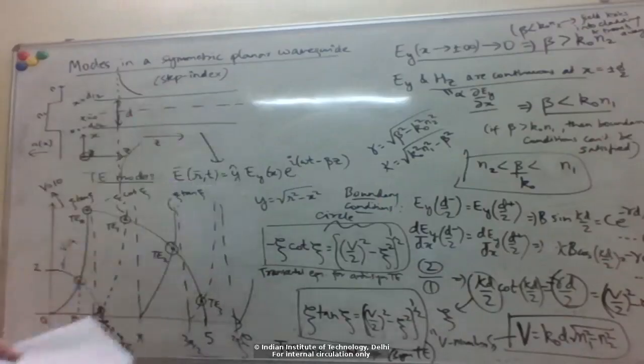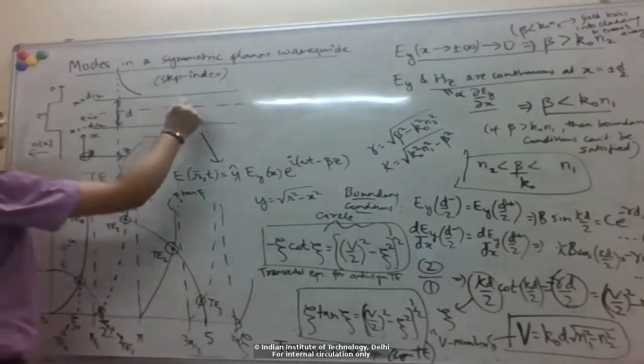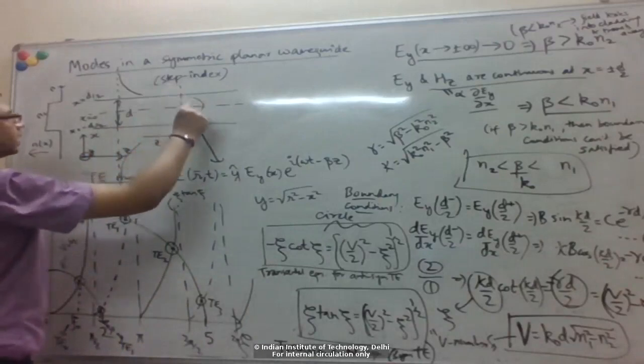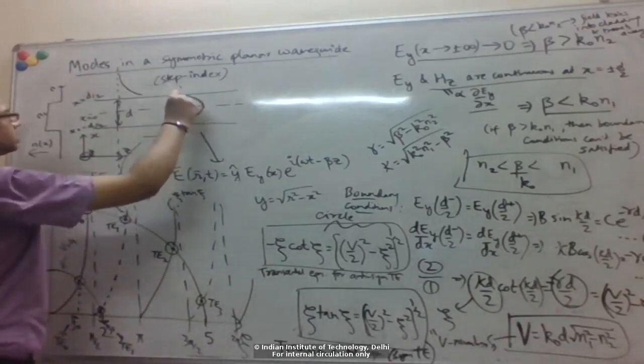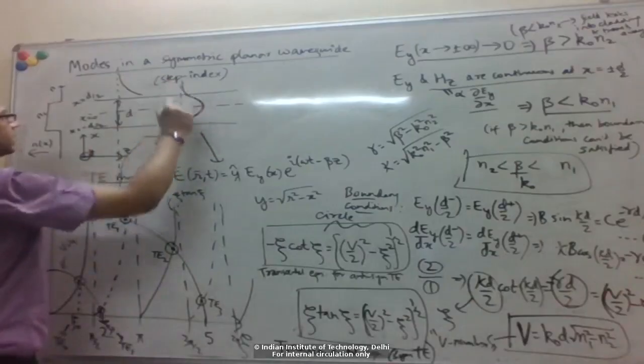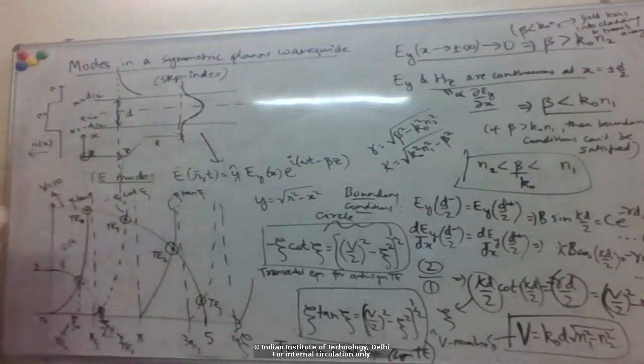in your mode profile. So if you plot TE0, it's a cosine function, so it will look like that, like a cosine function in the core. And then in the cladding, it will be exponentially decaying. Okay, so it will look like that.